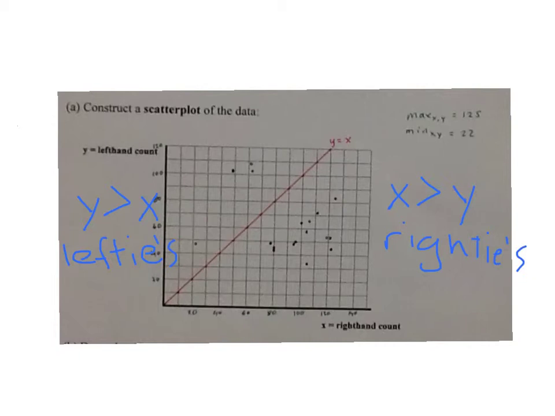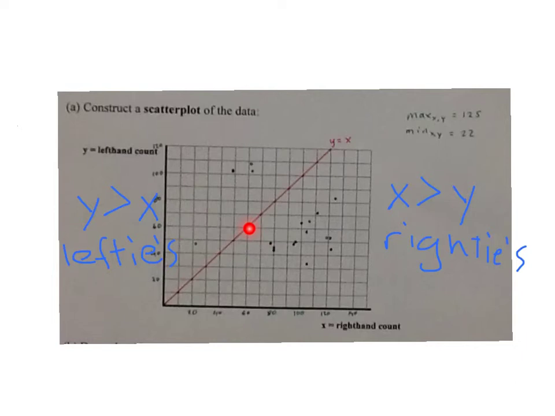Notice another thing, too. If you wanted to look for someone who is ambidextrous, you're going to be looking for someone who is close to the line y equals x. In this data set, this person's pretty close, but they didn't do very well with either hand, so I wouldn't use them as my ambidextrous example. But it looks like this person is the closest, and maybe this person over here is the closest to the line y equals x.